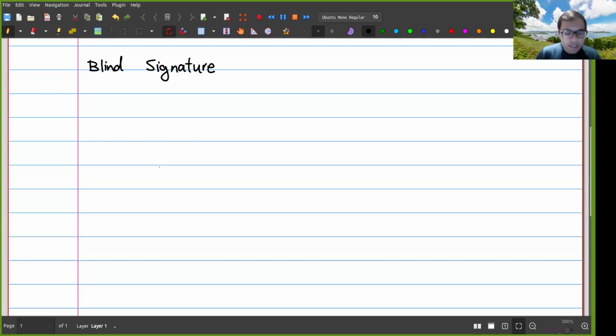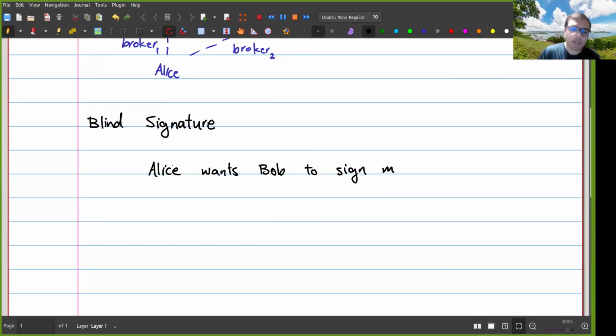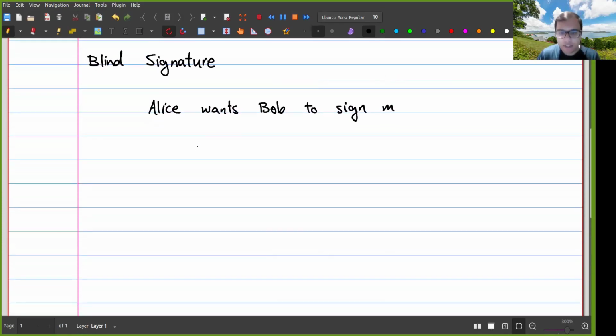So here's the idea. Let's say that Alice wants Bob to sign something. So Alice wants Bob to sign some message M. Okay. So let's say that we're using RSA signatures. So I can just assume that Bob already has announced his public key, but he also has a private key.